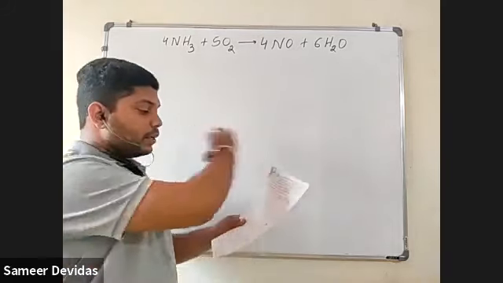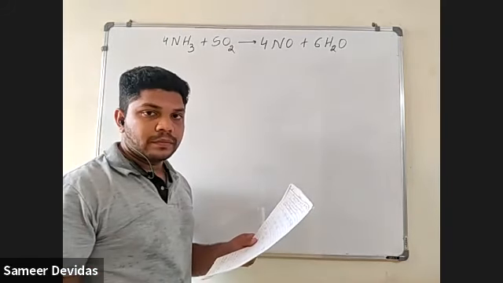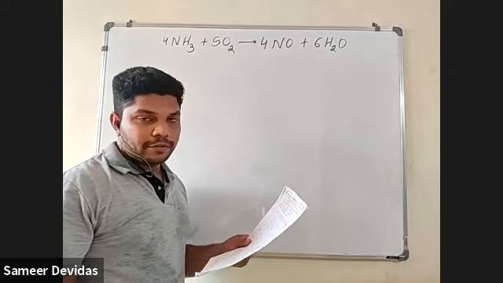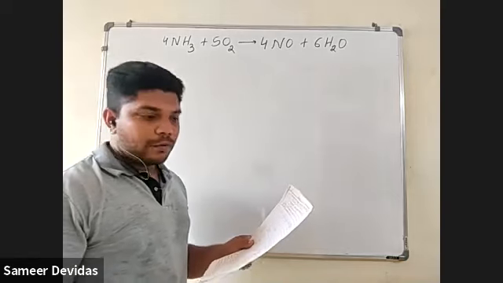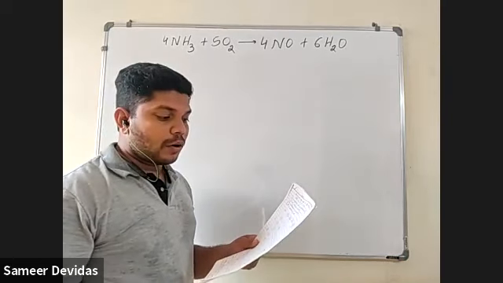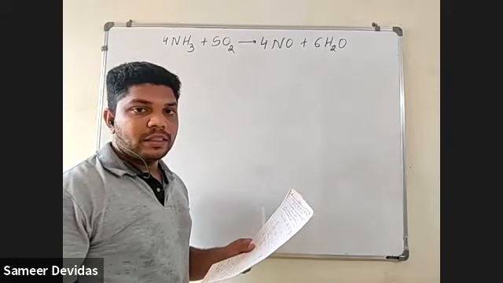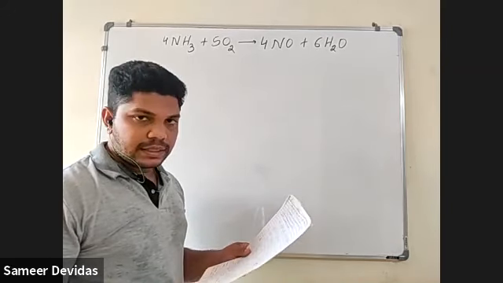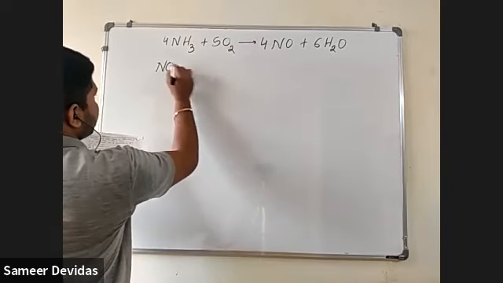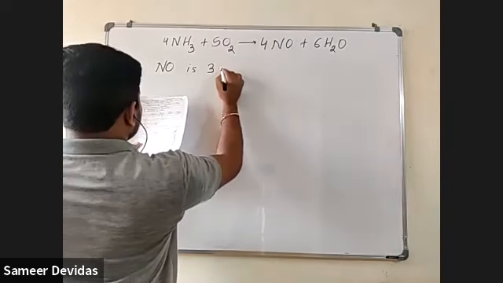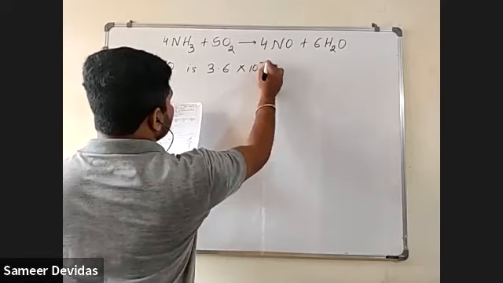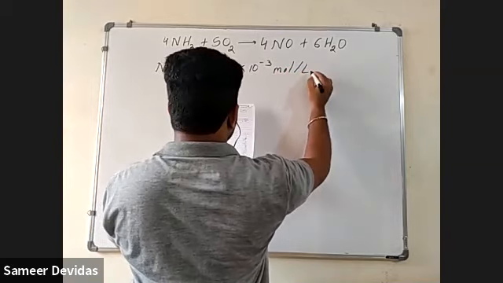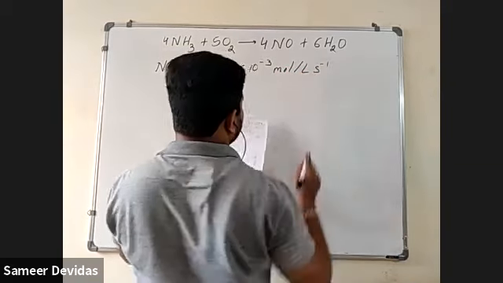Okay. Next, continue. In an experiment, the rate of formation of NO is 3.6 into 10 raised to minus 3 mole per liter per second.